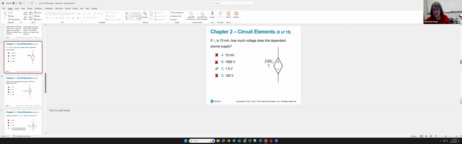So the 100 is going to have units. That constant of 100 is like a mu or an alpha, and then units are going to be such that it makes it so that the controlling amperage results in a volt. So it's really a gain, I guess is what you would say.